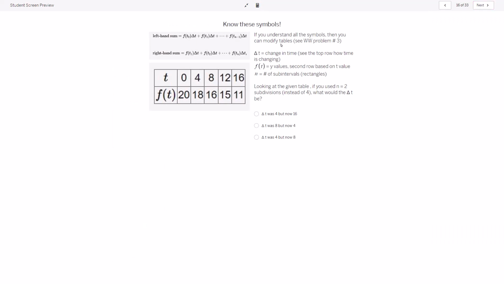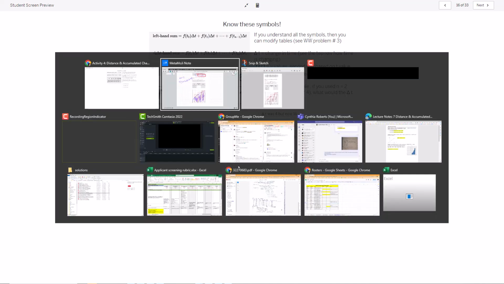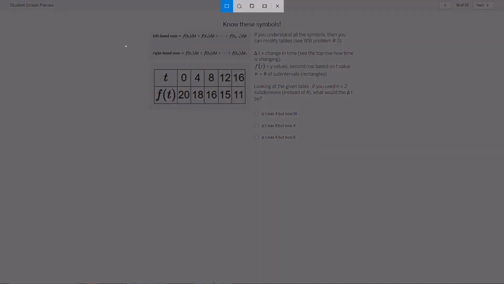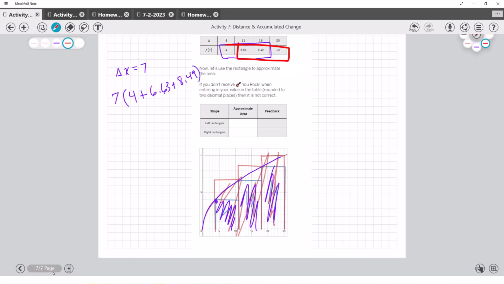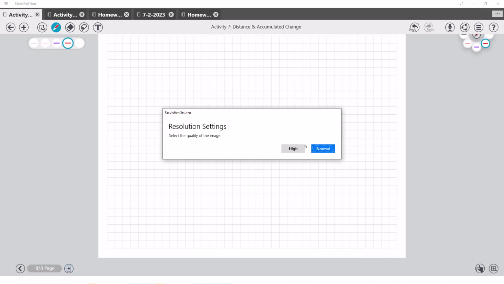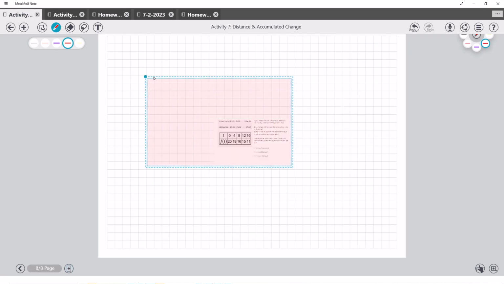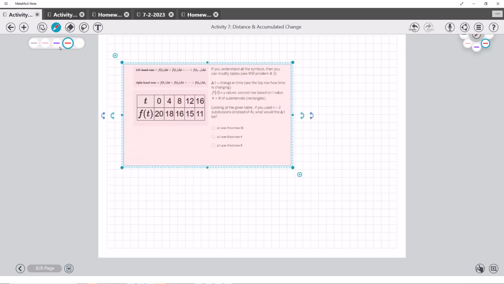All right, so if you understand the symbols. I've posted this in GroupMe, but I get this asked all the time: let's say that you're given a table like this. If I break down all the different pieces, I can see the change in t is 4.